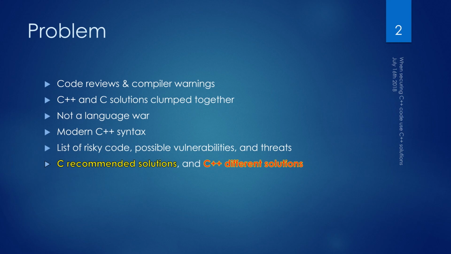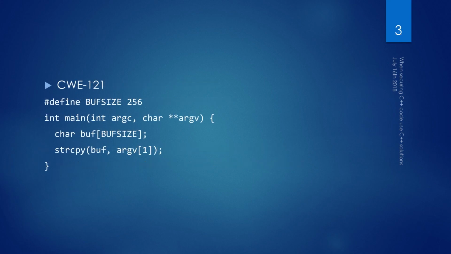Some of the examples presented here have multiple issues; I'm just looking at the most obvious one. Most of them come from the CWE database. It's a big database of common vulnerabilities that exist in code, and they show the problem, an explanation of why the code is problematic, and a solution. So, CWE 121, can anyone see the big problem here?